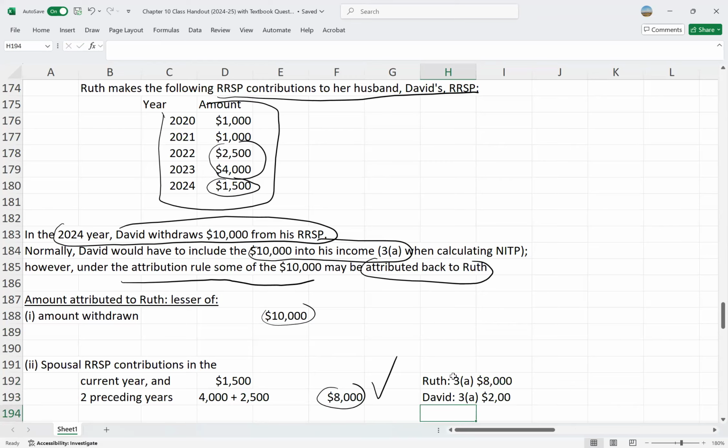So this is the attribution rule that couples have to watch out for: if they put money into a spousal RSP, the spouse whose name is on the spousal RSP has to be careful if they take money out. Some of that could be attributed back to the other spouse, usually the higher income spouse. Questions about the spousal RSP attribution rule?